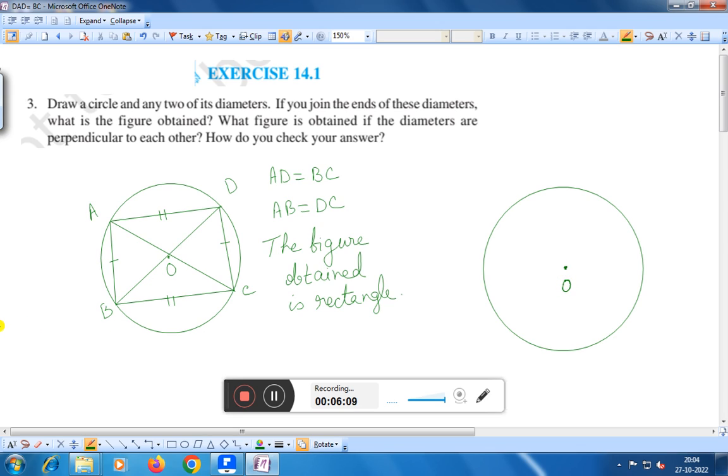Now, if we draw two diameters, they are perpendicular to each other. Suppose we are drawing two perpendicular diameters. That is, from here, it passes through the center of this circle.